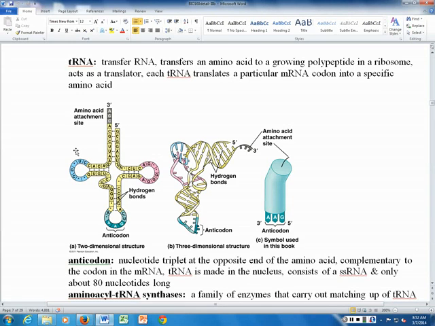So this is showing it all folded up, but this picture tends to work better. You'd have an amino acid, you'd have the anticodon. So this would attach to something that is UUC. The table of codons is of the codons, so this is the anticodon that's complementary to those codons in the table.